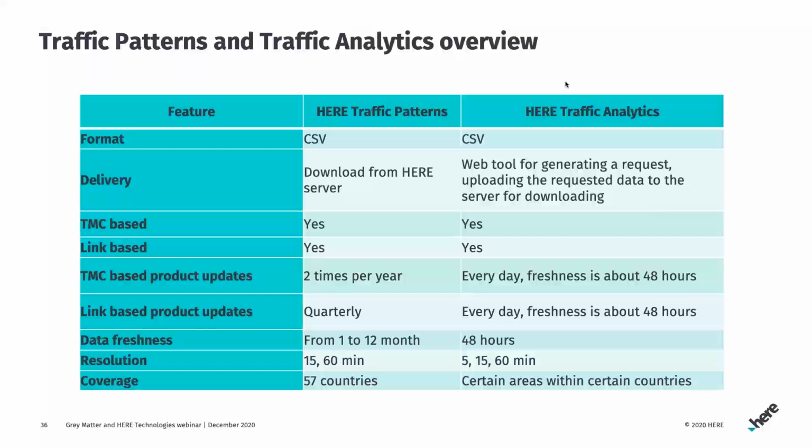Traffic patterns we usually update twice per year for TMC and quarterly for link based. And traffic analytics is a fresher product, which we offer with a freshness of about 48 hours. As I already said, resolution for traffic patterns is 15 and 60 minutes, but for traffic analytics we offer 5, 15 and 60 minutes. And coverage is 57 countries, while for traffic analytics only certain areas within certain countries.